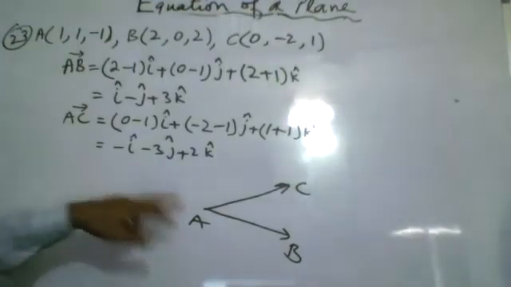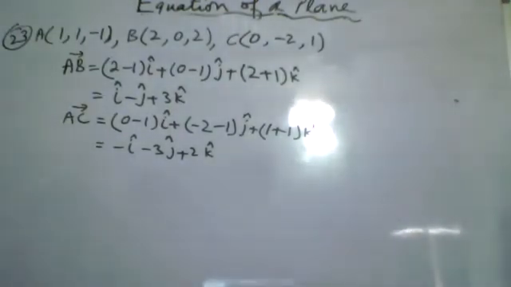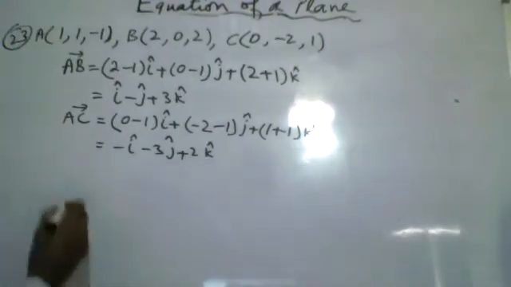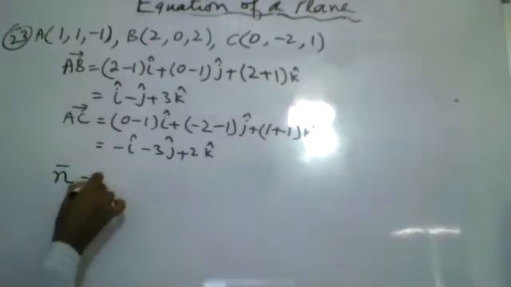Okay. So we will take the cross product. AB cross AC will be the vector n perpendicular to the plane. Vector n, the normal vector, will be equal to AB cross AC.